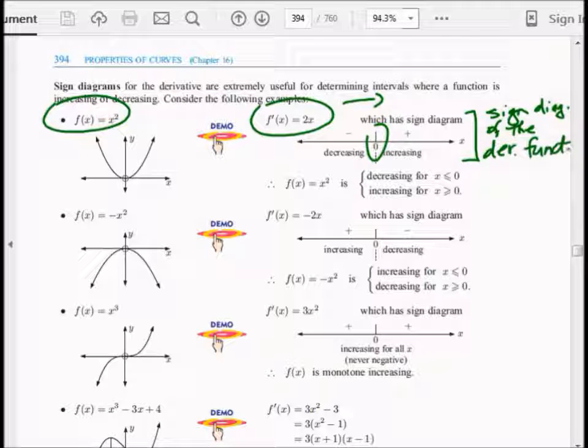This sign diagram is of the derivative function, but it tells us whether the original function is increasing or decreasing.